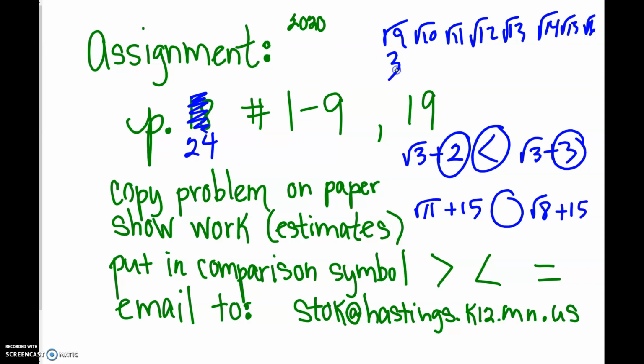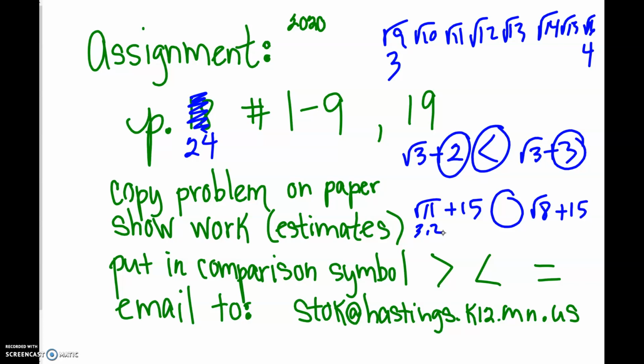So this is 3 and this is 4. So the square root of 11 is going to be about, let's just say 3.2. So 3.2, so do you see how I'm showing my work underneath there? That is going to be about 3.2.